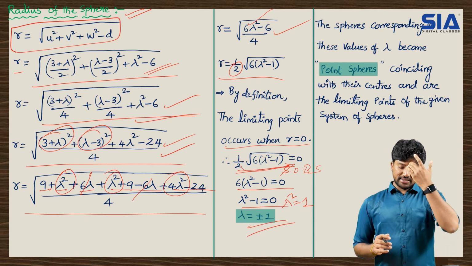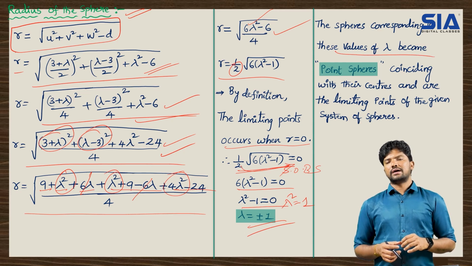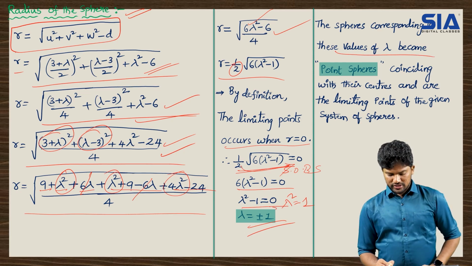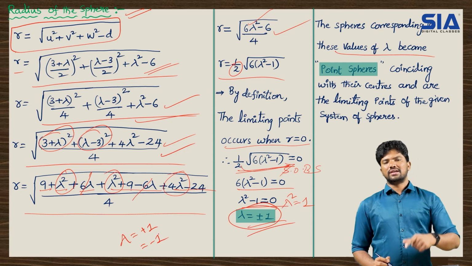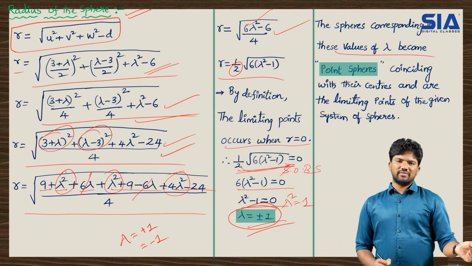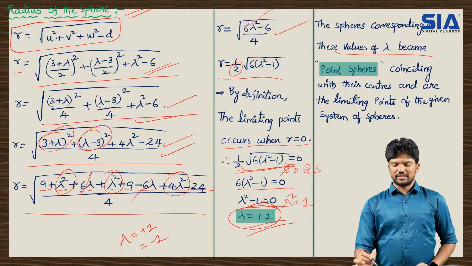Now the spheres corresponding to these values of lambda become point spheres. Whenever you substitute lambda is equal to plus 1 and lambda is equal to minus 1 in the sphere equation, those two spheres become point spheres, coinciding with their centers.